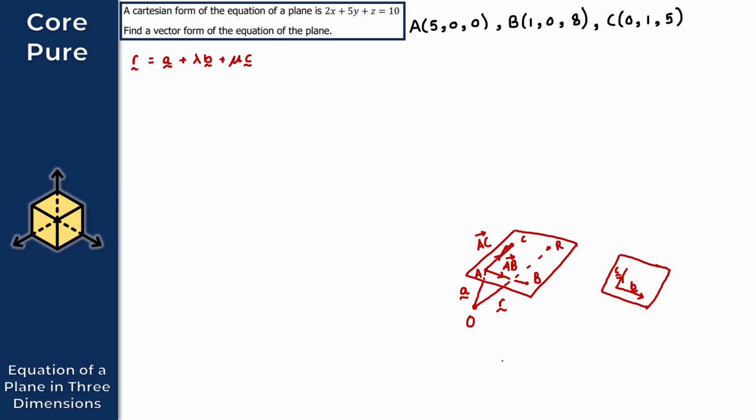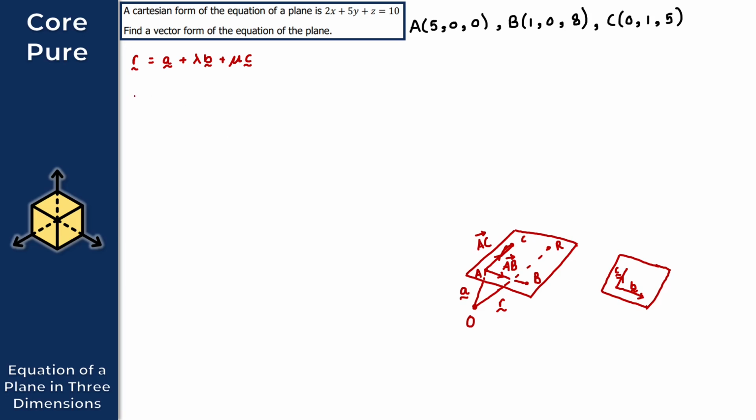So in that case, we could describe this as the vector AB. We can replace B here with this vector AB, and in a similar fashion, we can replace C here with this vector AC.